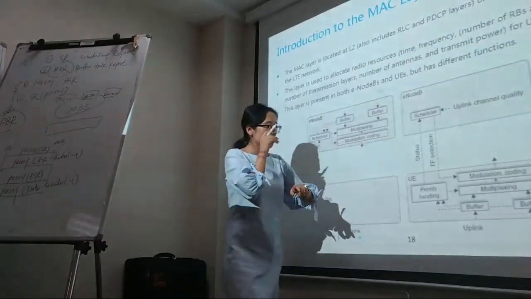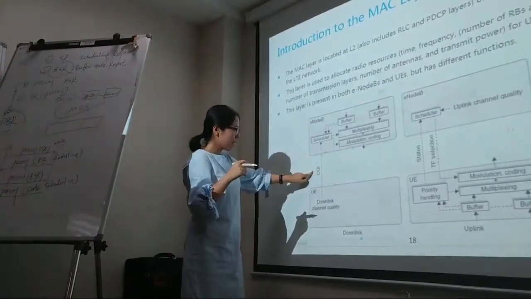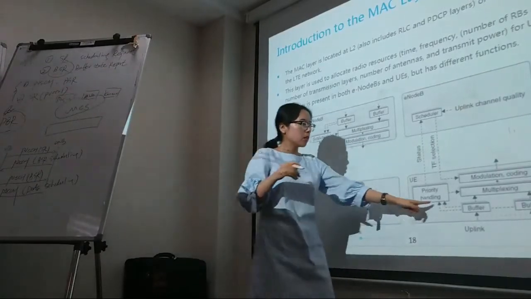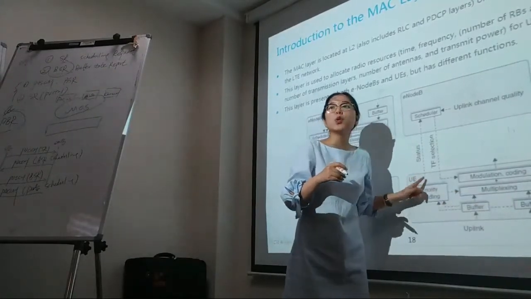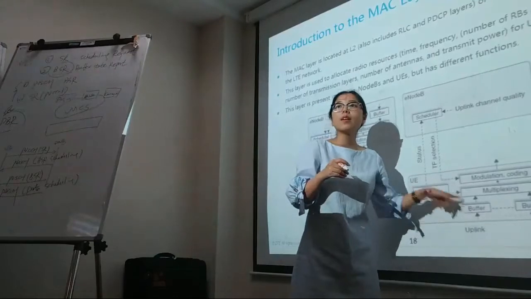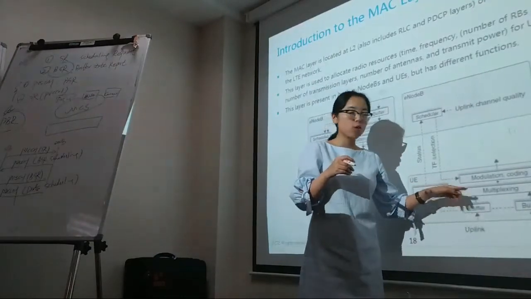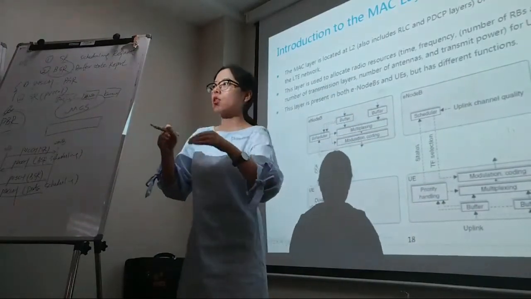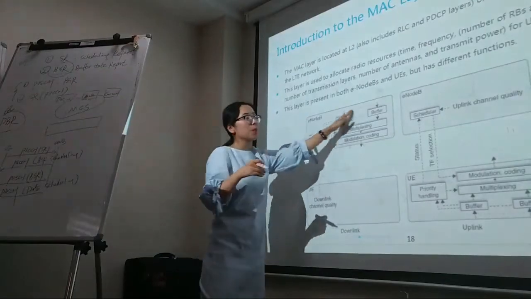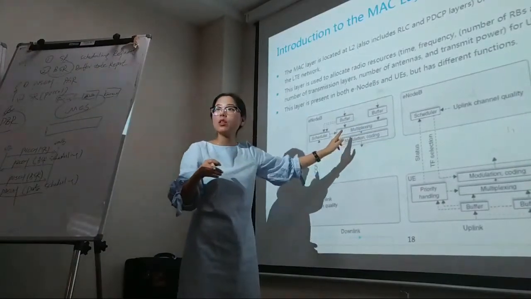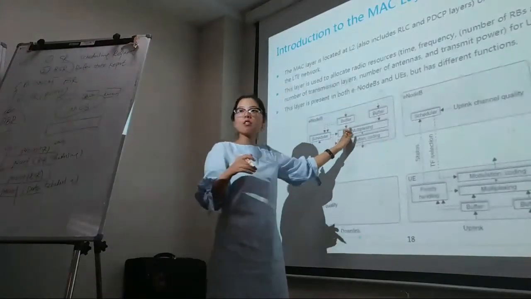I must say that in the uplink, the buffer is for one UE, so it's based on the UE category. But for the input side, it's not for one UE.